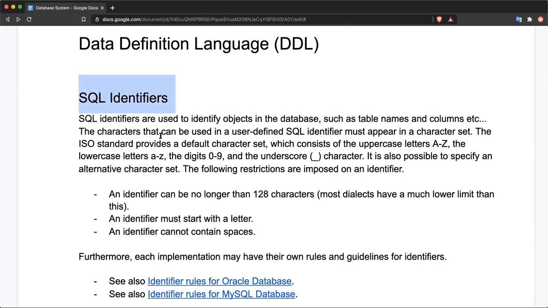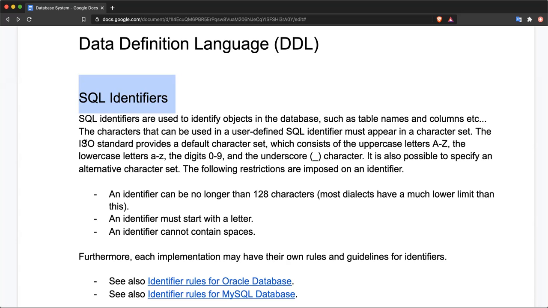And this database identifier, or just identifier, can be named from the set of characters that are in the character set. So the characters in the identifier must come from the defined character set.